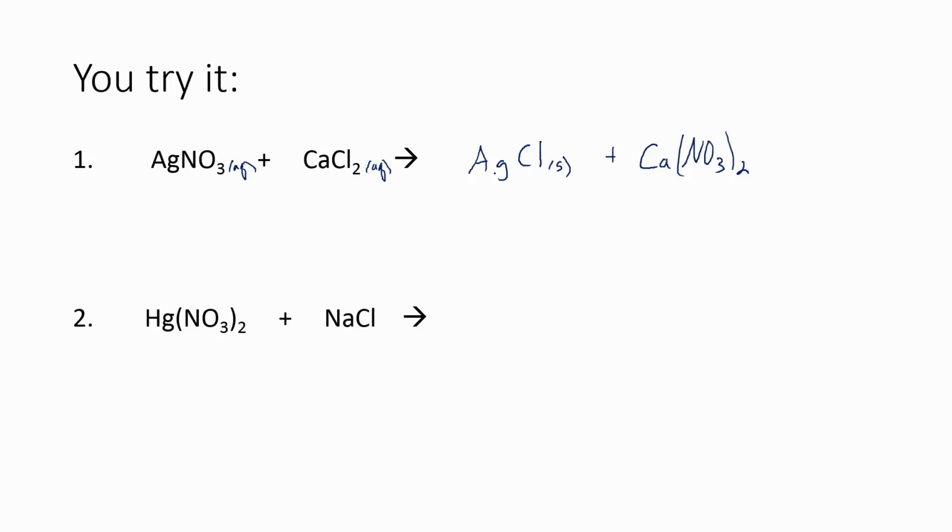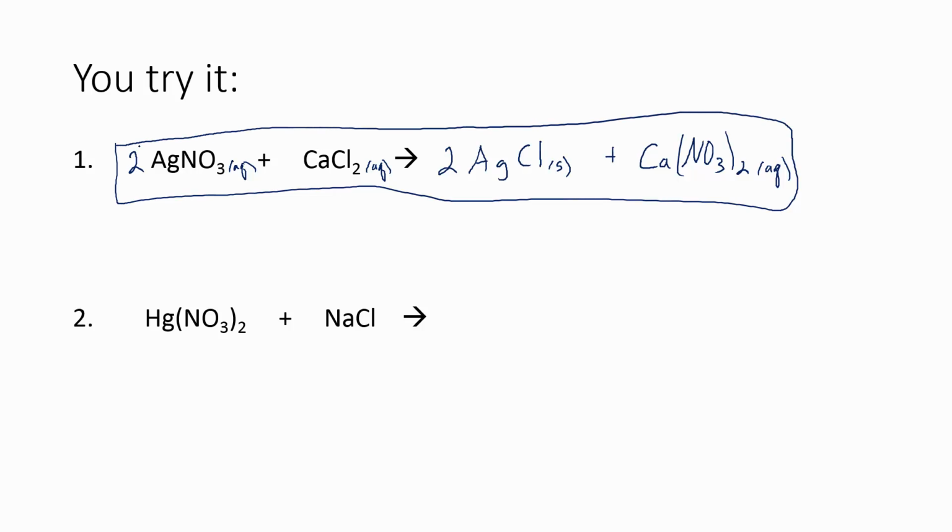So that's a solid because of the silver. All nitrates are soluble, no exceptions. Aqueous. Alright, so 1 silver and 1 silver, 2 nitrates. I'll put 2 there. 2 silvers, 2 silvers, 2 nitrates, 2 nitrates, 1 calcium, 1 calcium, and 2 chlorides, 2 chlorides. We are done with this one.